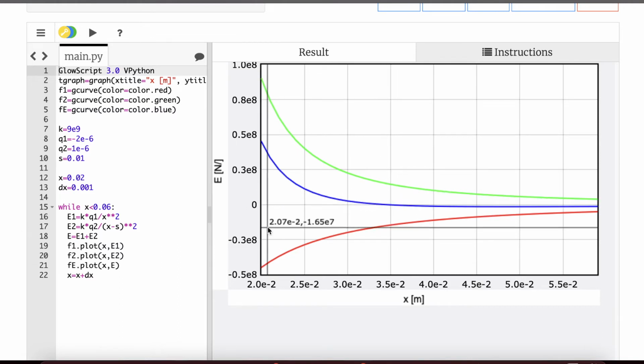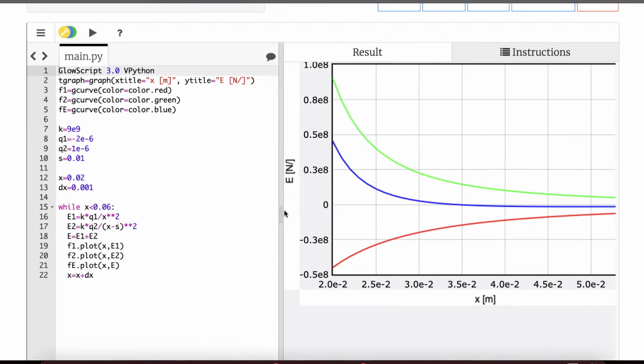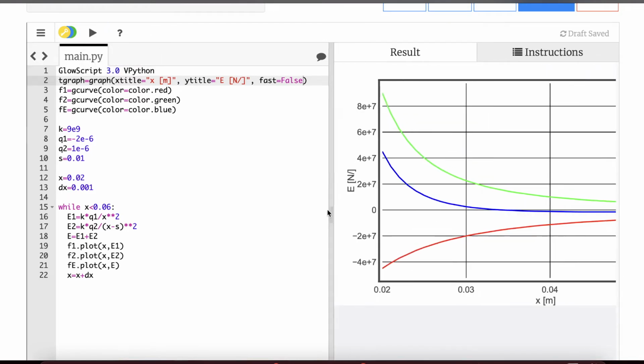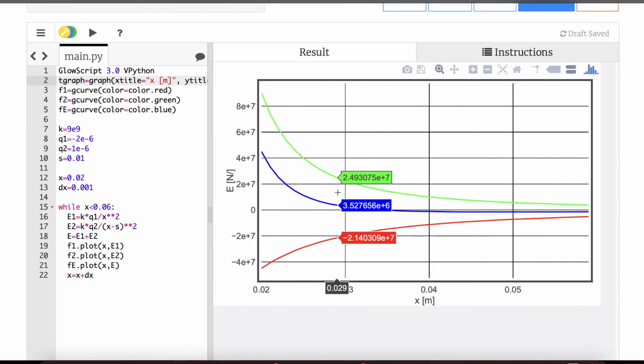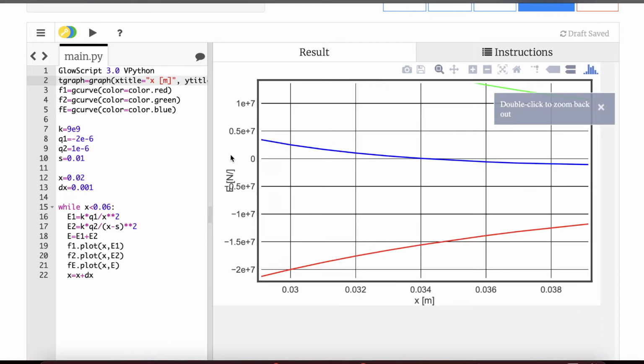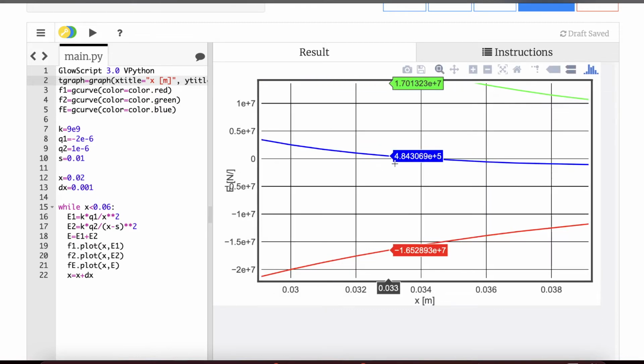So let's do this. If I go up here to graph, and I say fast equals false, and now I run it, it will use the Plotly engine for graphing. Now I can actually just zoom in on this region. And you'll notice here's the E equals 0 right there.